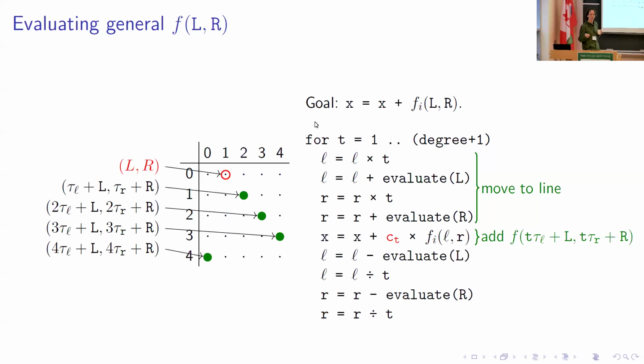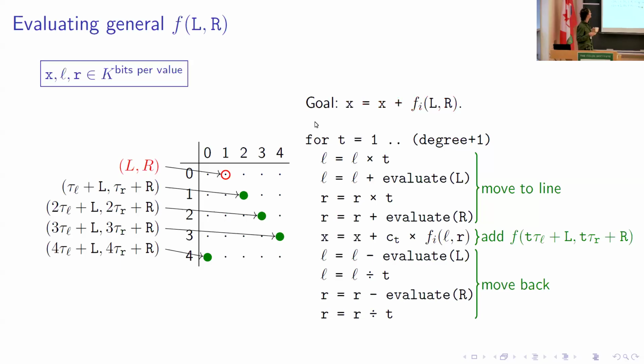You should just take my word for it, these coefficients c_t are not difficult to compute. In fact, if you set things up just right, they're all just 1. Then once you've done that, we move back to the original values of L and R, just by undoing what we did at the start of the loop. And if you do all that, you're done. You've added the value of the polynomial to your register.